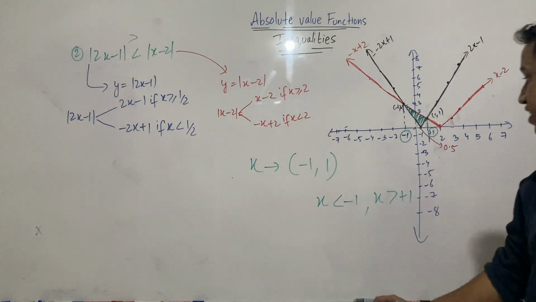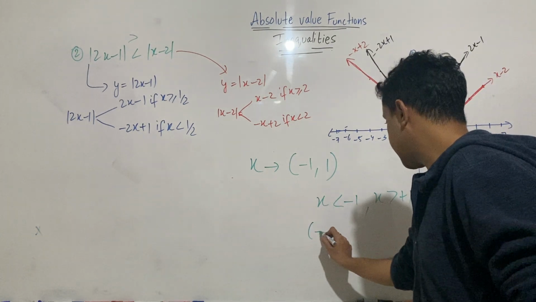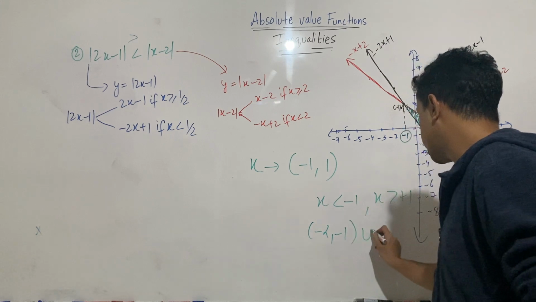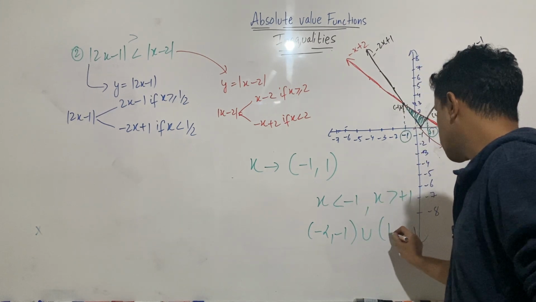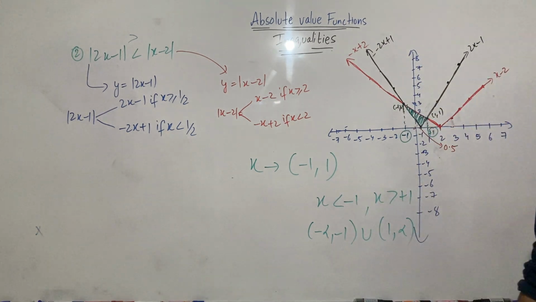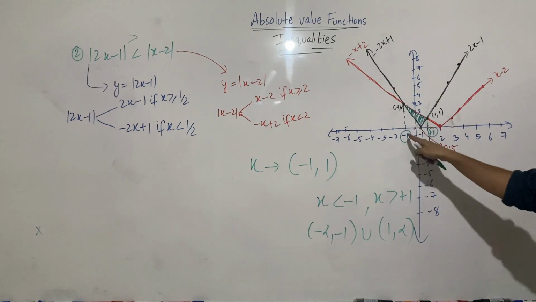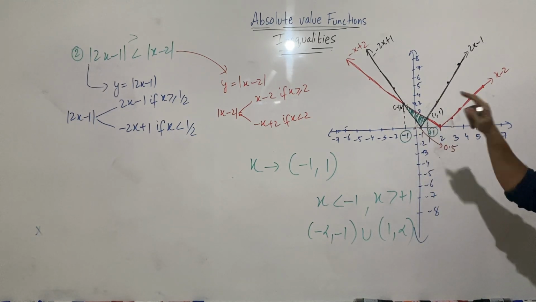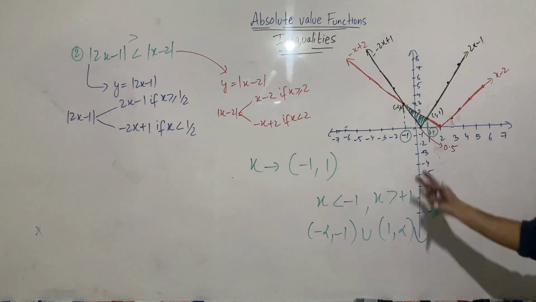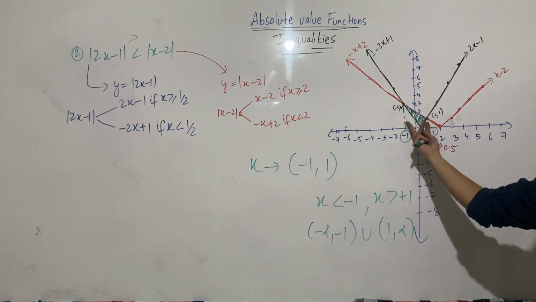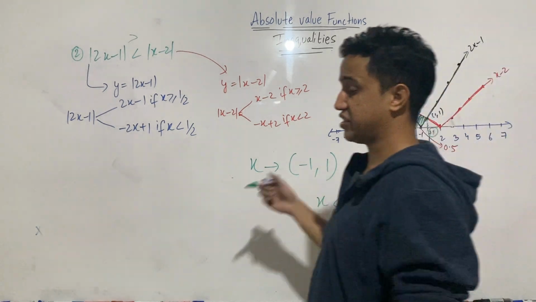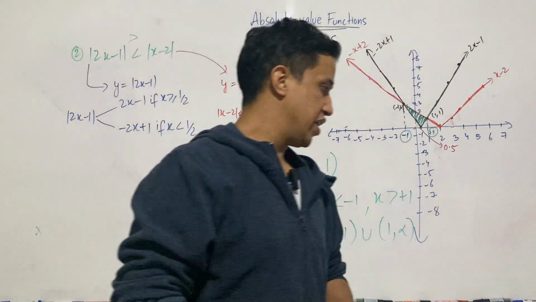Or I can say minus infinity to minus 1 union 1 to infinity. But here it's just between minus 1 and 1. Understand? I hope this is clear to you.